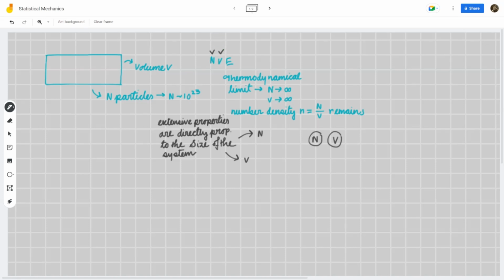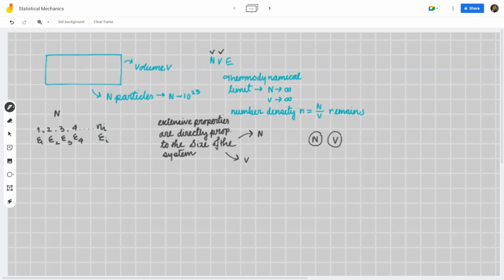So, the remaining one is the energy. Now, the system contains N number of particles. So, we can say that there are a lot of particles, like 1, 2, 3, 4, and so on until N number of particles, where N_i particles have a definite energy, like E1, E2, E3, E4 and E_i.